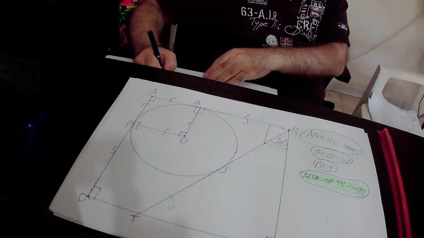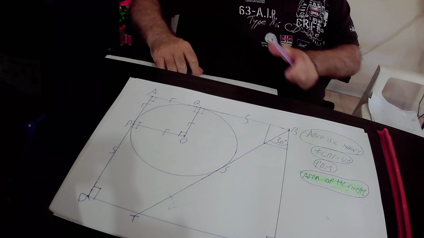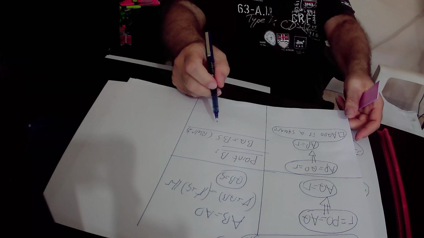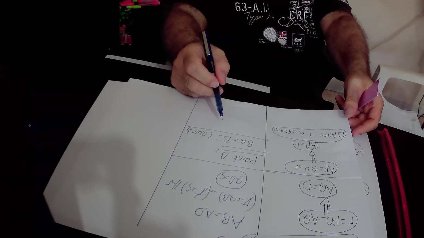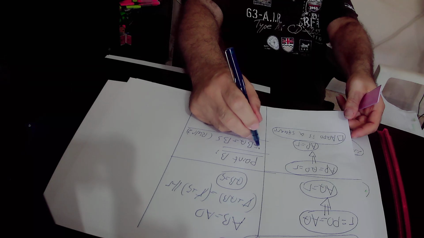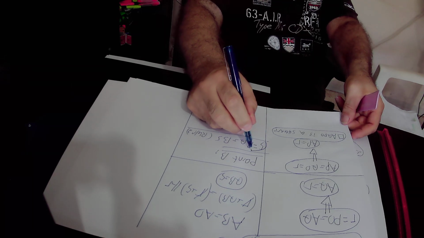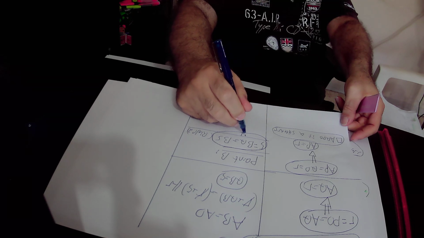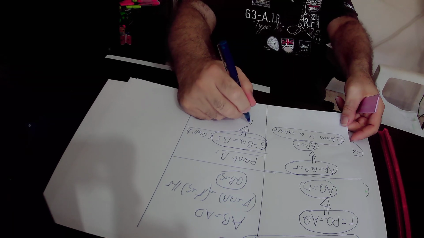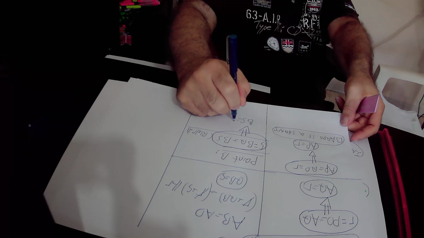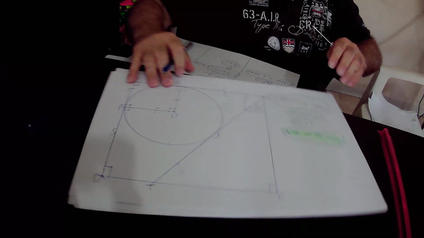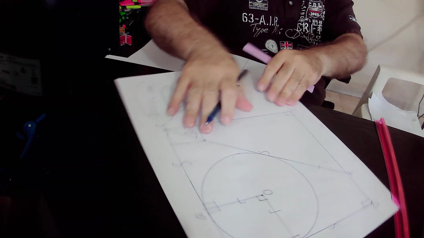And according to rule number 2, they are equal to each other. That is to say, BQ equals BS. But we have already found out that BQ equals 5 units. So from this equation 5 equals BQ equals BS, we derive that BS is also equal to 5 units. Here we can write down that BS equals 5 units.